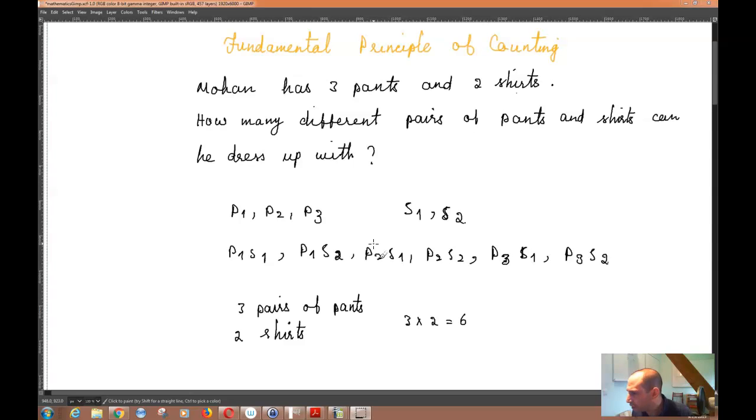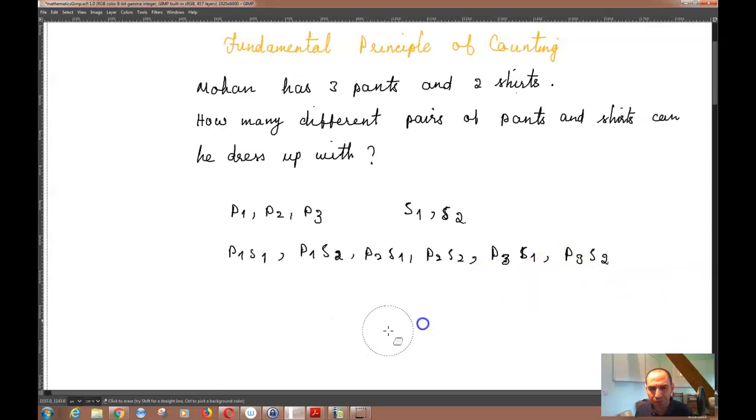So now let's see how we have solved this problem. There are 3 ways in which a pant can be chosen, because there are 3 pants available. The way that you talk about this is of course important.